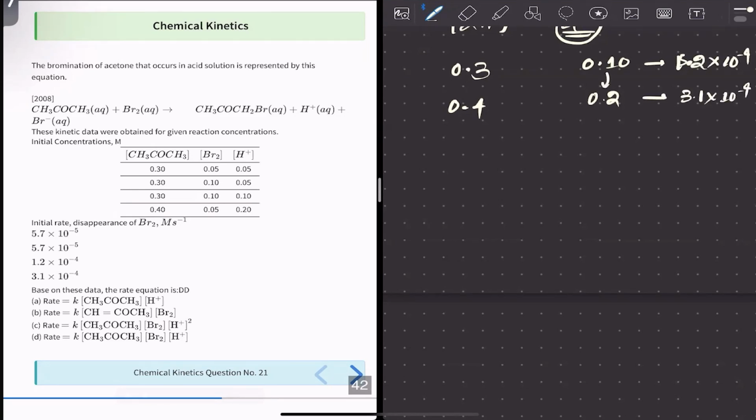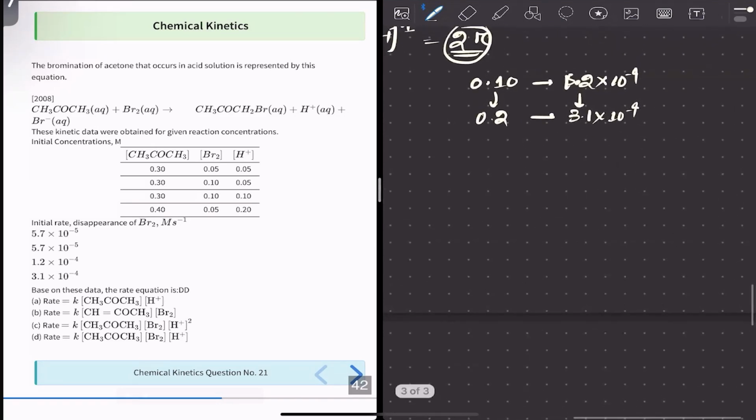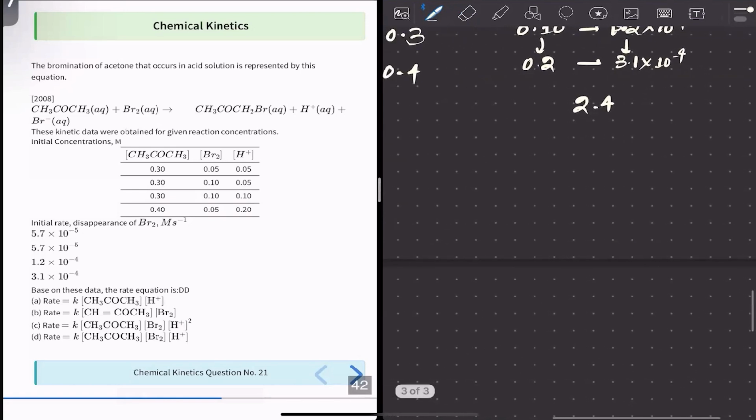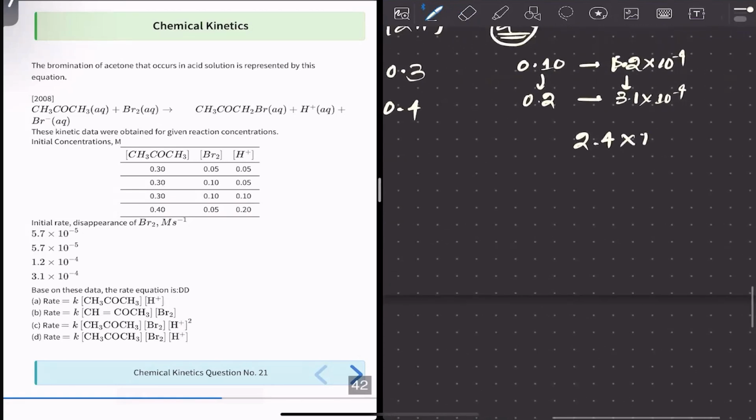We know that for doubling the concentration of H plus ion, the rate of reaction would have doubled, but the 1.2 is not doubled here. So the rate would have become 2.4 × 10^-4 if the hydrogen concentration is doubled.